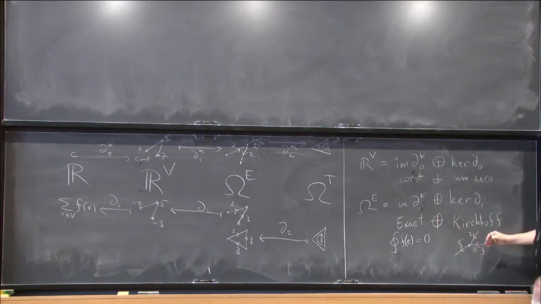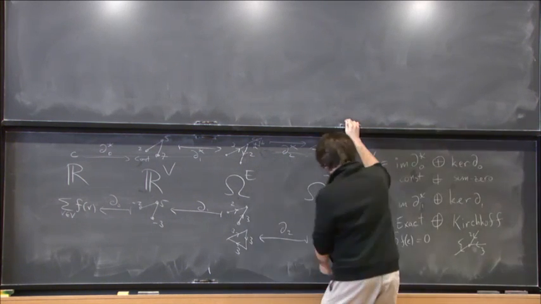So this is the analog splitting to what we know from graphs of constant and sum 0.